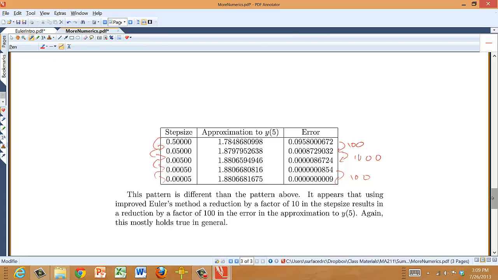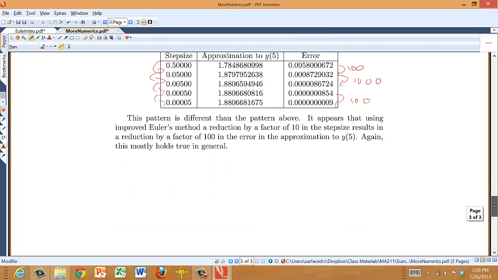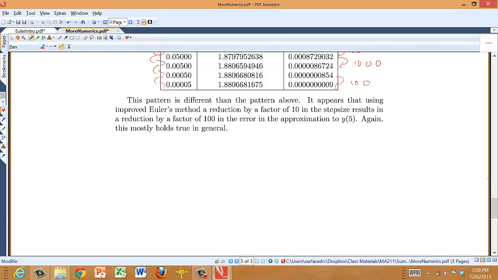Okay, so these are two methods that are used for approximating solutions to ODEs. There's a whole wide world of numerical methods for ODEs, and if you're interested in this, I encourage you to take, say, MA 332 or MA 433. And that's it.